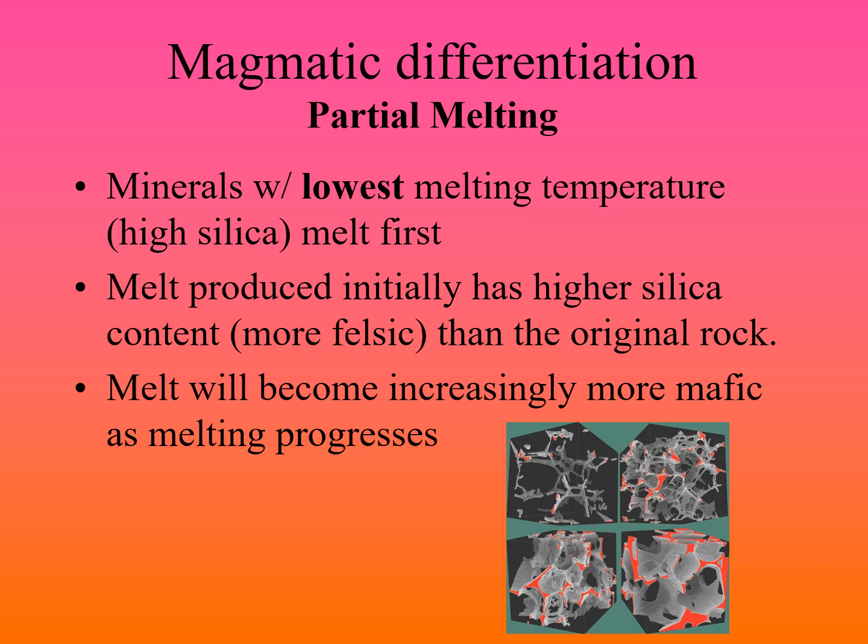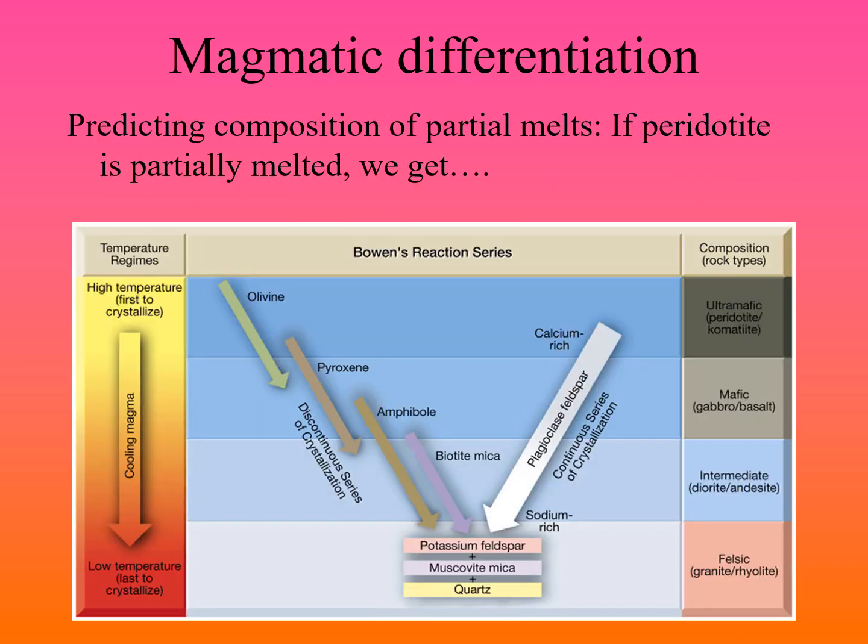So that would produce those silicate, high silica minerals. And we can use this to predict the composition of partial melts. So if we start with a mantle rock like a peridotite and it's partially melted, we can use the Bowen's reaction series here to help us predict what kind of melt we might see.